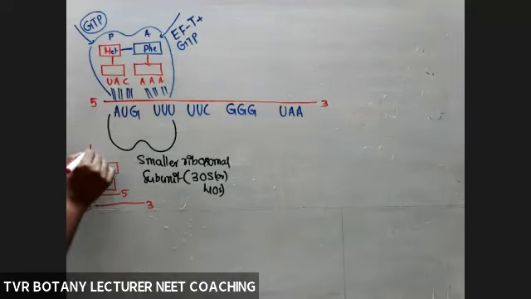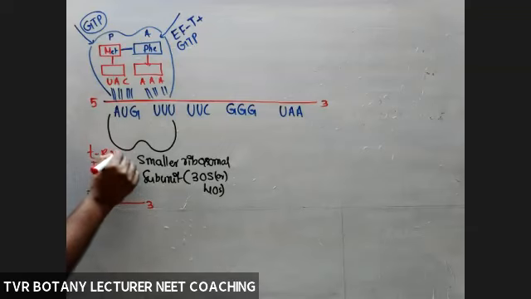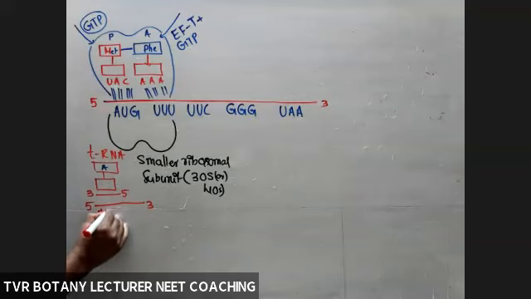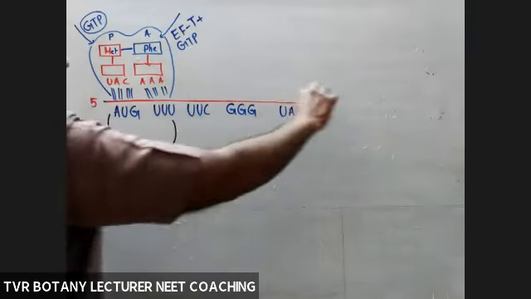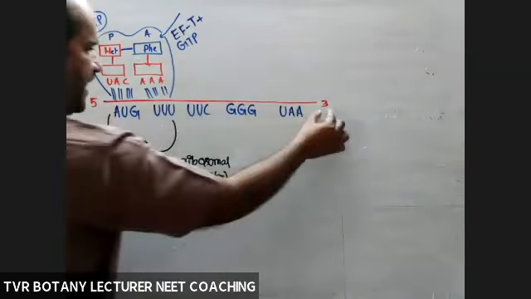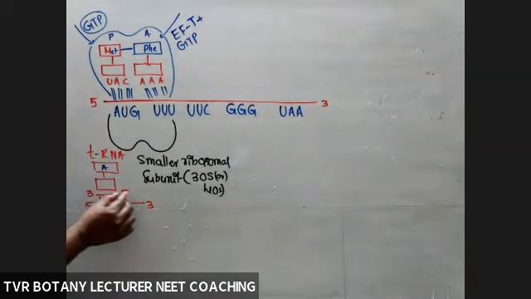Here the anticodon is, for AUG, UAC. Antiparallel or not? So tRNA is oriented in the 3 to 5 direction to the mRNA with 5 to 3. And what about the direction of decoding and translation? In the 5 to 3 direction, with the help of the 3 to 5 end of the tRNA molecule. Remember this one also. Okay, right?